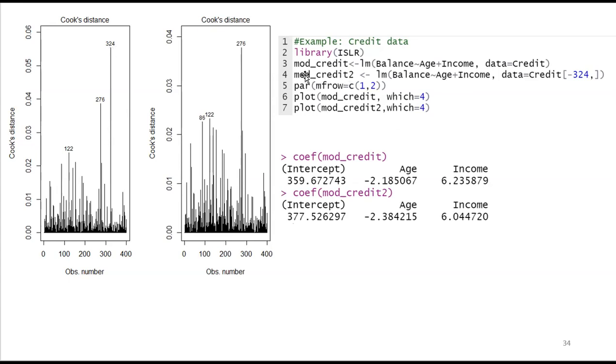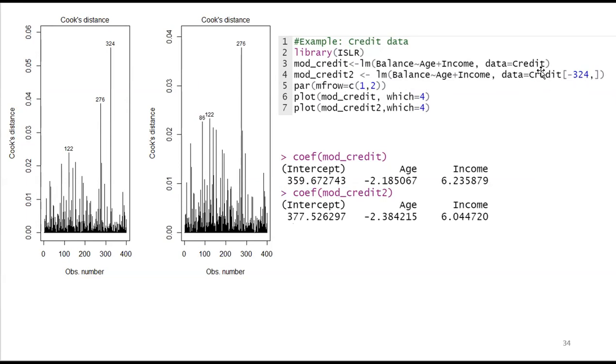So here I'm going to fit a model without this case 324. How do I do that? This is where what you learned about subsetting data comes into play. What is convenient when you're using LM and you want to take out some observations is to do it this way. Fit the regression as usual, but for our data I'm going to use a subset, using indexing.